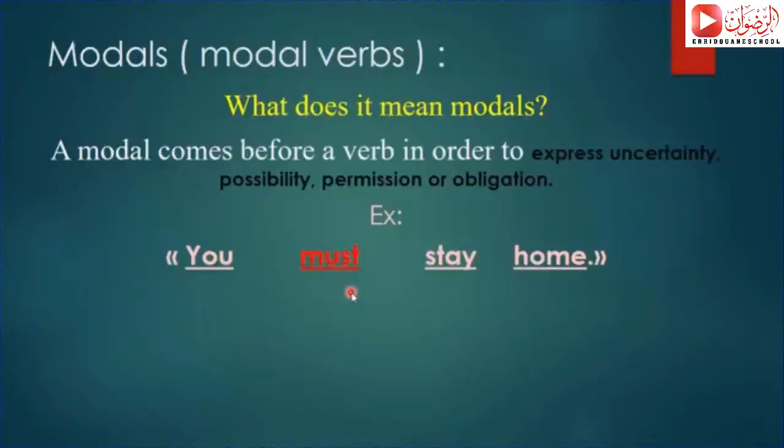We are obliged to stay home. So the order of the sentence is like this: we always start with the subject, then second we have the modal, then we have the verb.